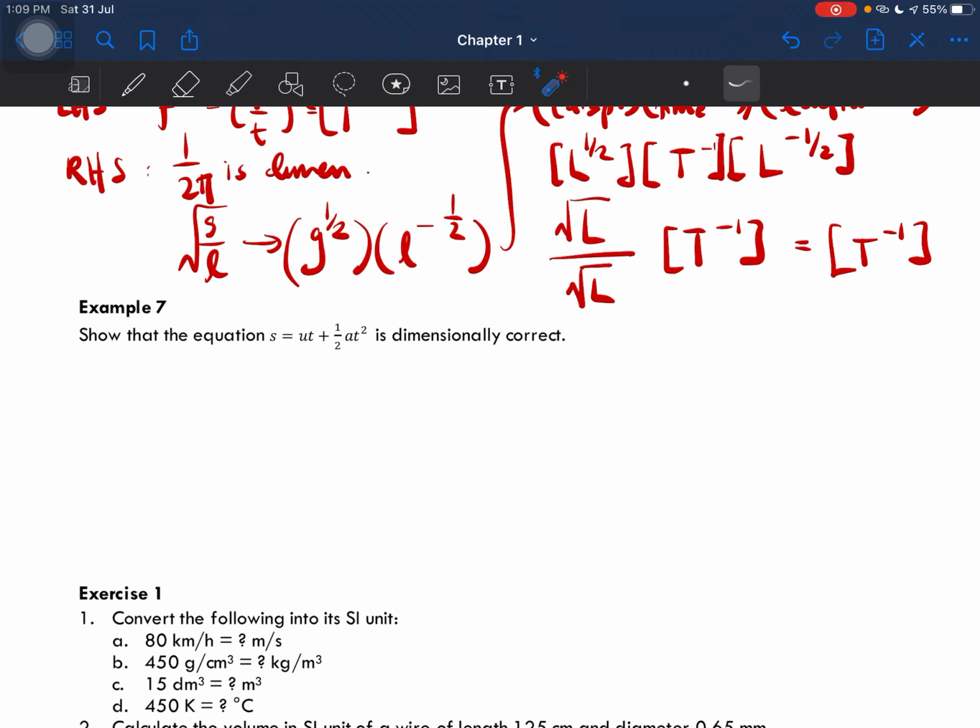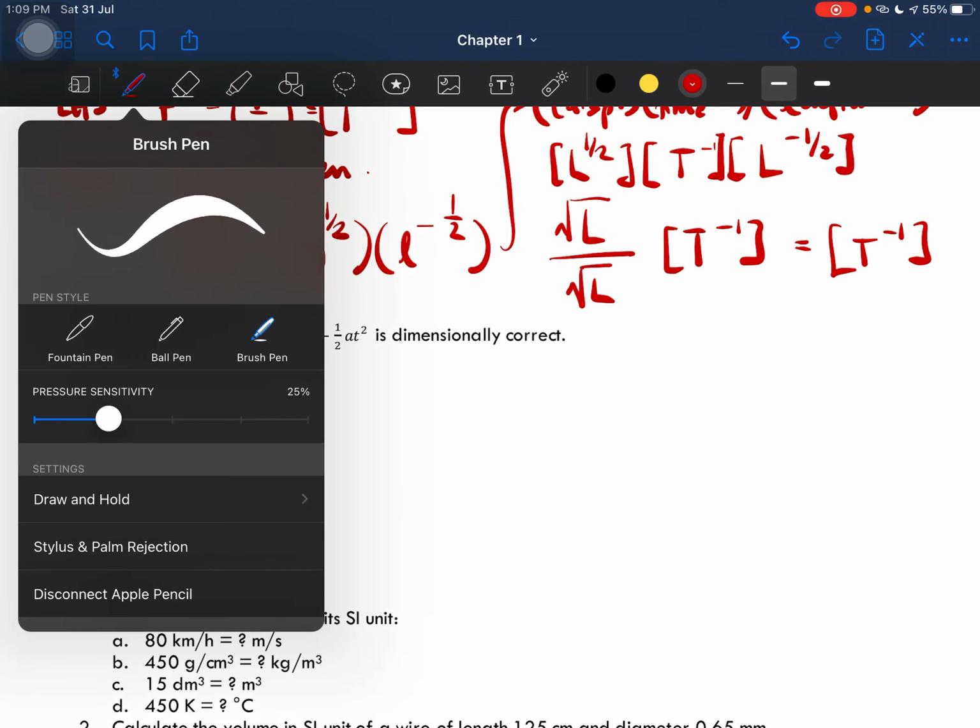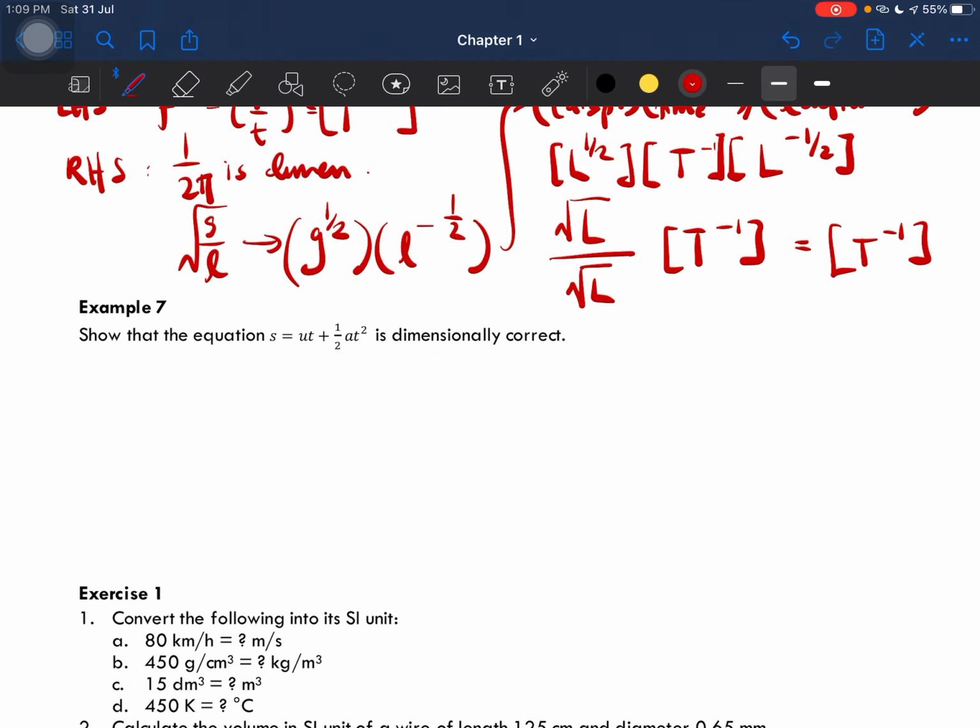So for example 7, we have to show that this equation is dimensionally correct. Okay, left hand side, S is a length, so we can write length and then L. Okay, so it is L. And then the right hand side, 1 over 2 here is dimensionless, so we can continue.